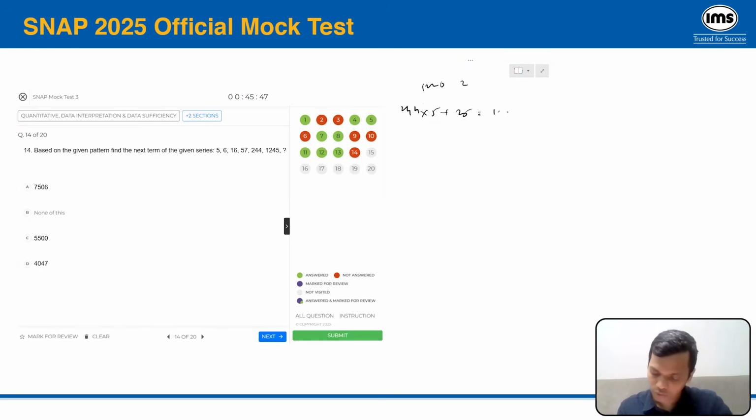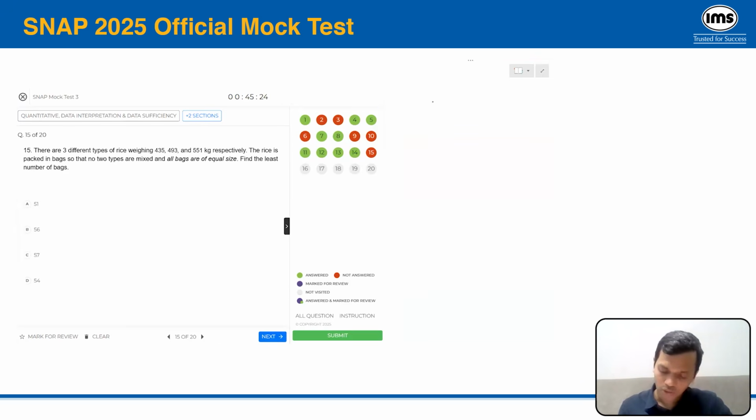So 5 square gives you 1245. So I'll have to do 1245 into 6 plus 6 square, right? So the answer should end with 6. 1245 into 6 is 7470, plus 36. 7506 should be the answer.